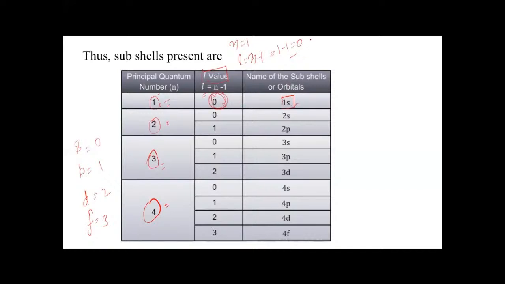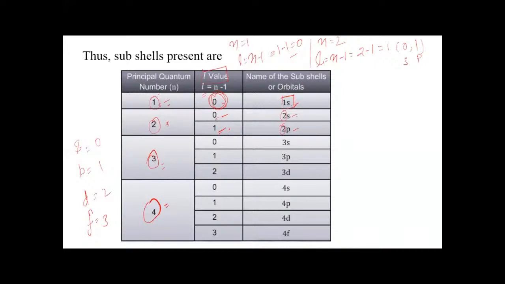Similarly, for second main shell, n value is equal to 2, formula l is equal to n minus 1, that is 2 minus 1 is equal to 1. It means it has value 0 and 1. Okay, 0 for s and 1 for p. So here is the l value 0 and 1. Okay, so name of the subshell is 2s and 2p. Here 2 is principal quantum number and s and p are according to these l values, s for 0 l value and p for 1 l value.